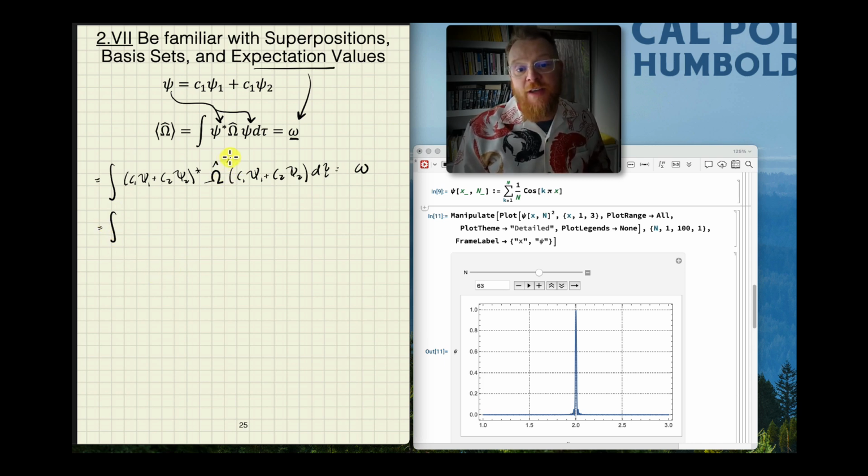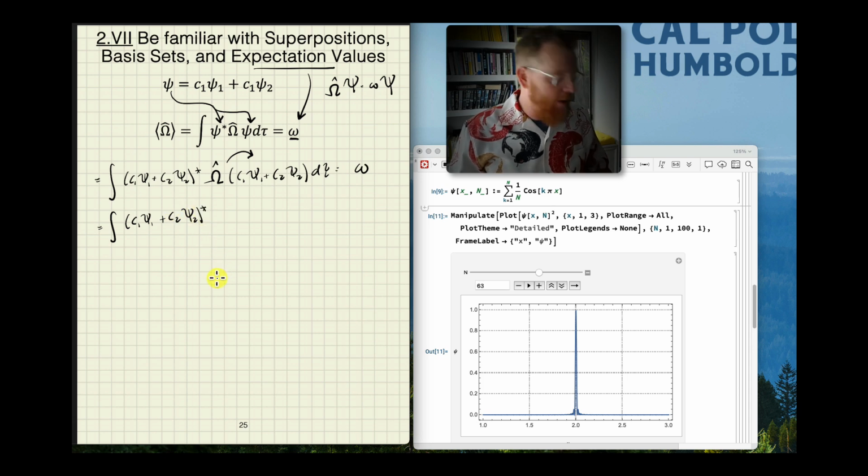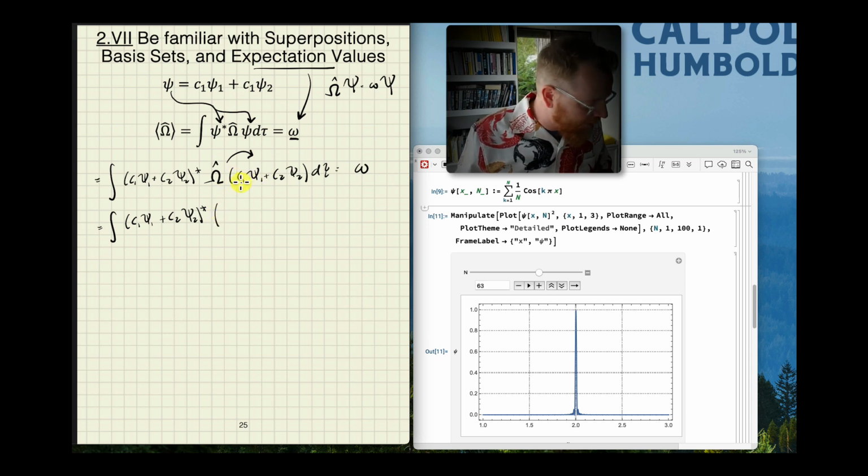So first, the operator operates on psi. When omega operates on C1 psi 1, I'll remind you, omega operating on psi gives me little omega operating on psi. I'm going to keep all of this here on the left for now, and then I'll just plug that in directly.